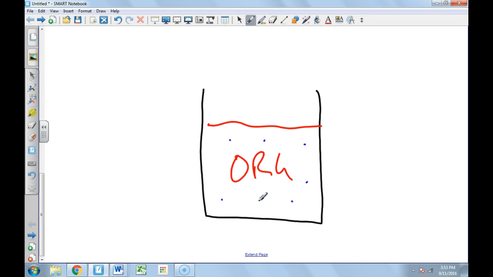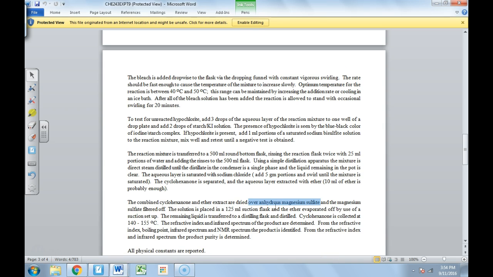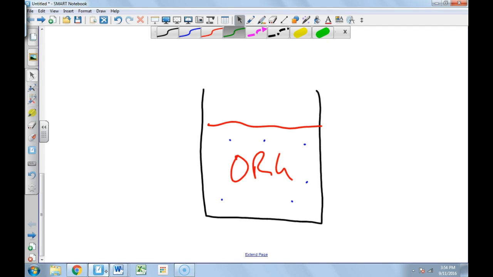Water is the bane of every organic chemist's life. So, in order to get rid of all the water, we add an anhydrous salt. The anhydrous salt in this lab's case is, I believe, magnesium sulfate. We call it mag sulfate. We're going to add some of the mag sulfate. That's anhydrous.